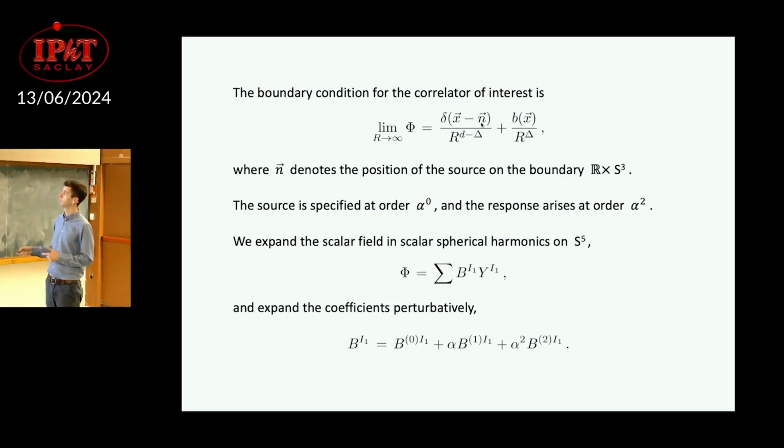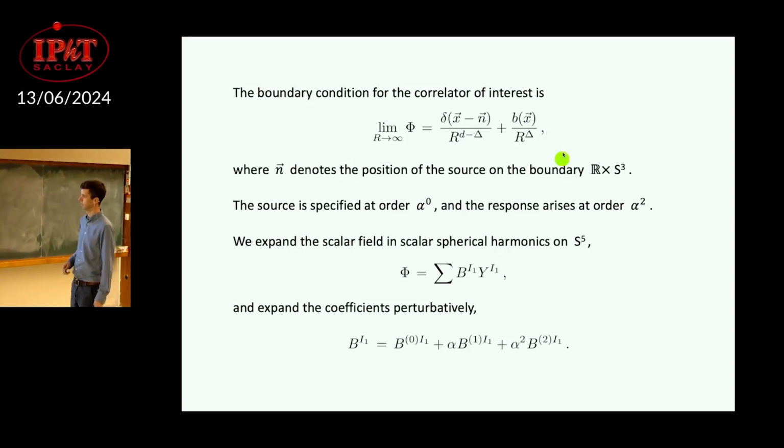And then I read off the response at order alpha squared, and that response encodes the correlator of interest. Because we're working in perturbation theory around global AdS5 times S5, we expand everything in spherical harmonics on the S5, appropriate scalar, vector, tensor harmonics. And then again, expand the coefficients perturbatively in alpha.